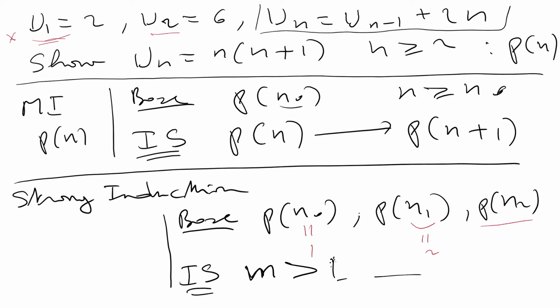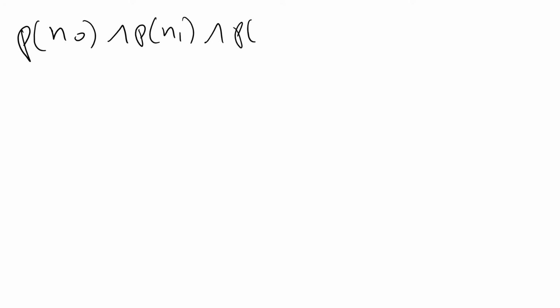The way that we represent that is, we need to have P of n0 and P of n1 and P of n2 up to P of m. That's my m that I said over there.